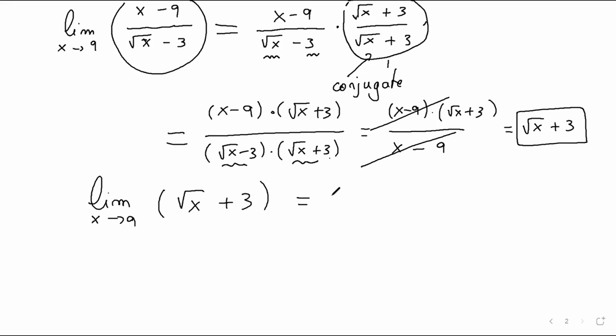If I substitute, this is going to be the square root of 9 plus 3, so it's 3 plus 3, which is 6. All right, so that method is called the use of conjugates.